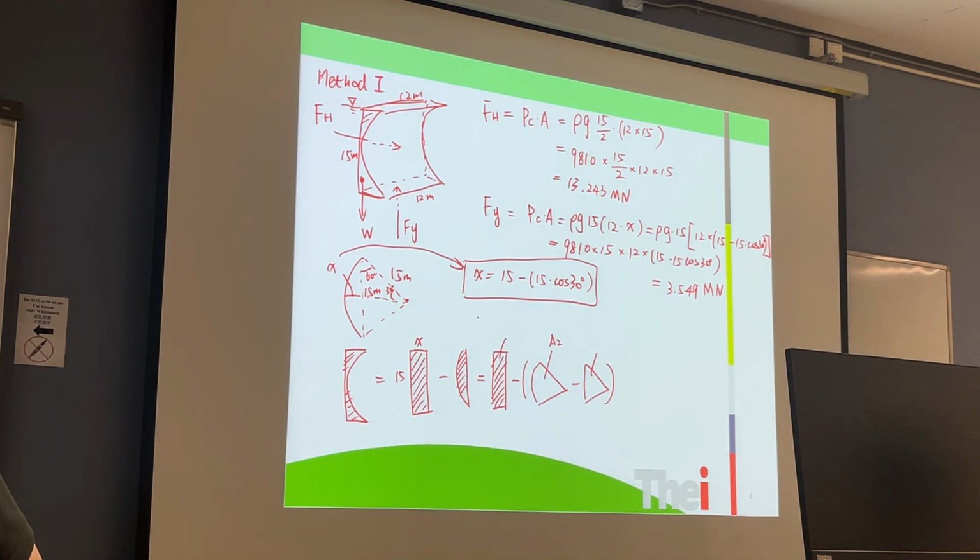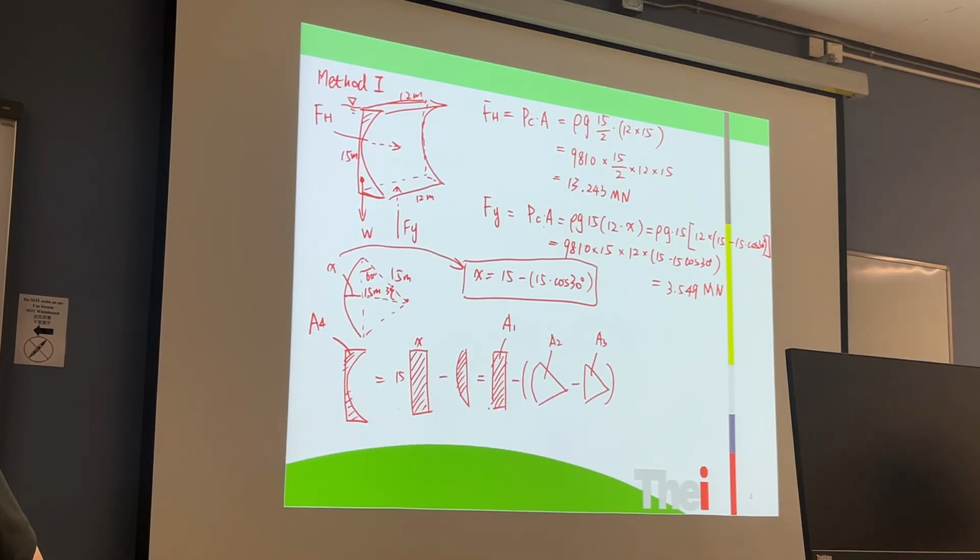In the model answer, I use different notation. So here, use A1, A2, and A3, and maybe use an A4.